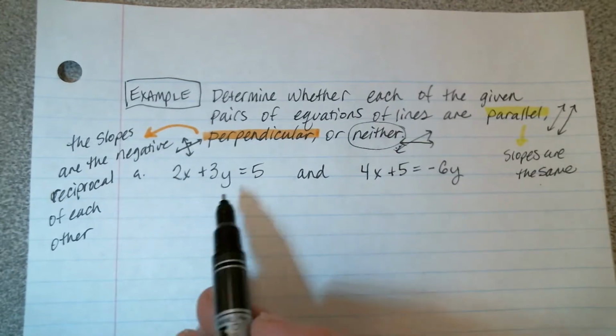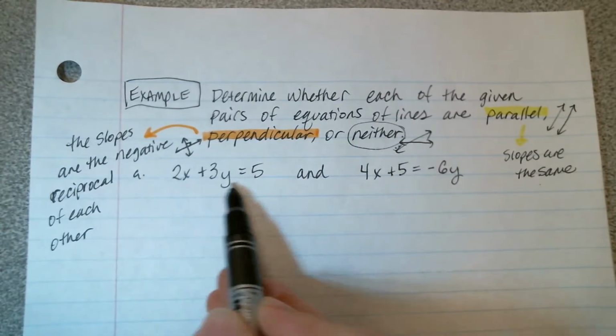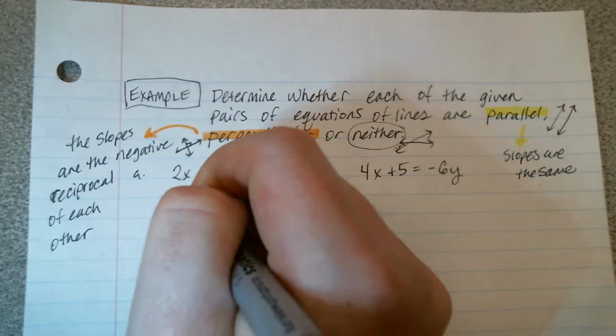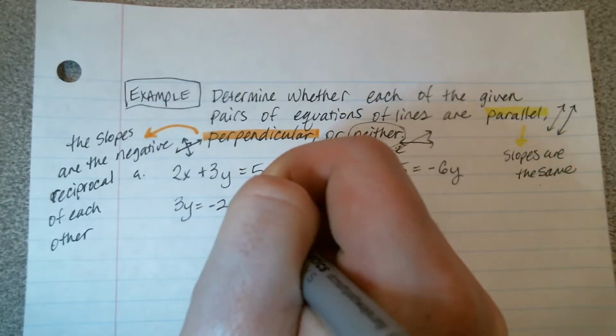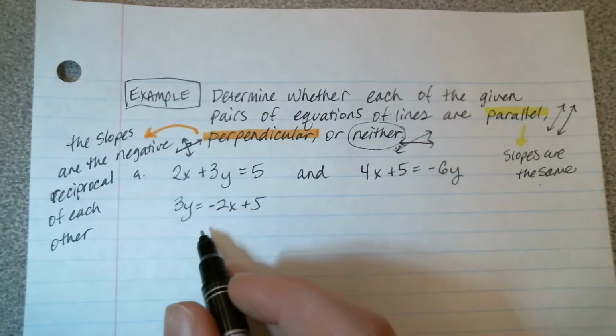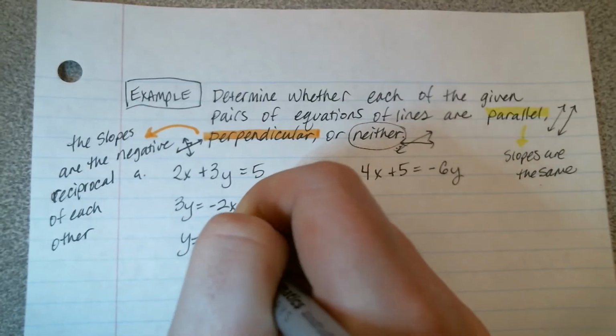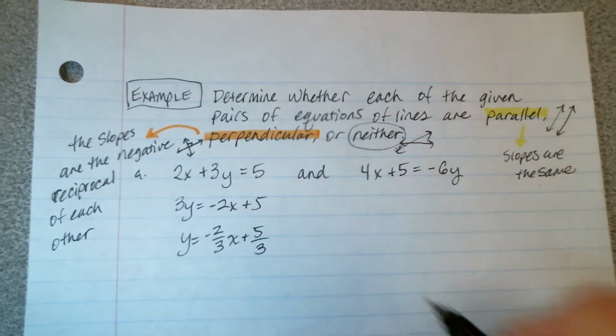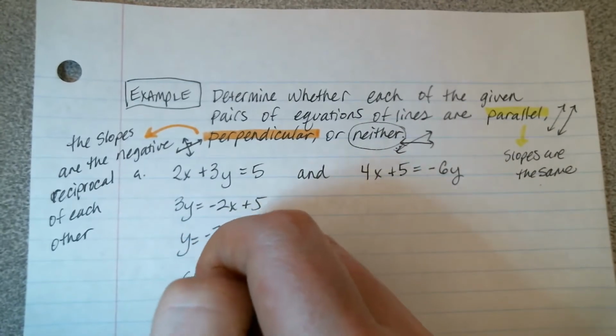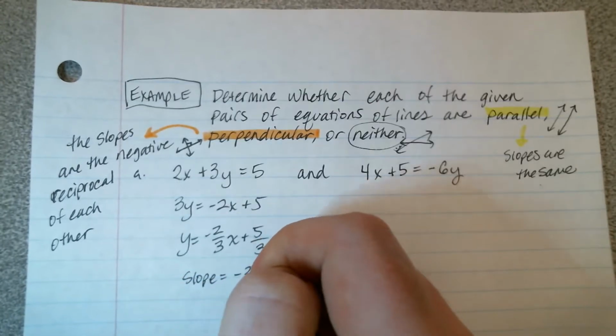So I'm going to subtract, on this first equation, subtract 2x from both sides, and divide both sides by 3. So over here I can see that the slope is -2/3.